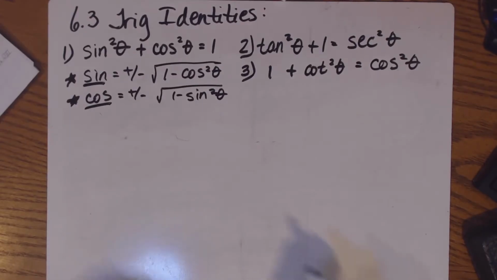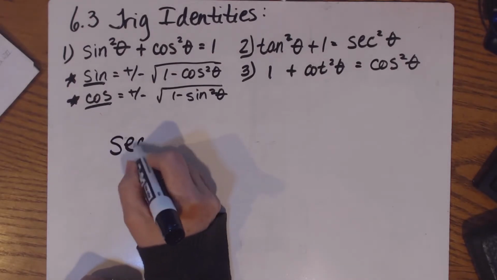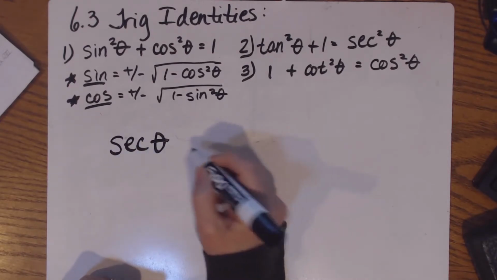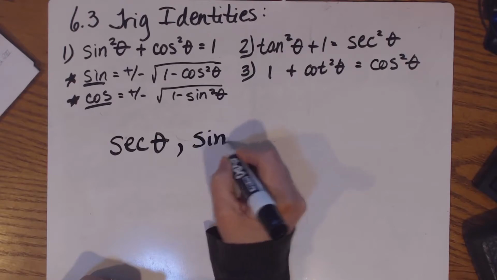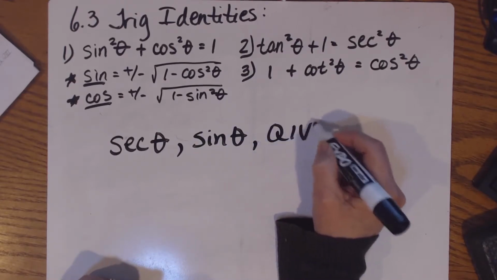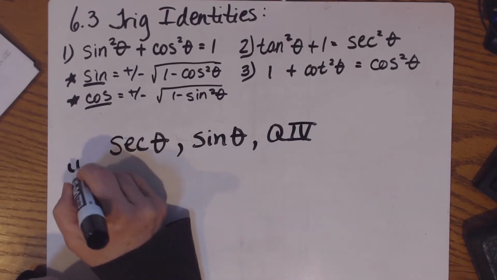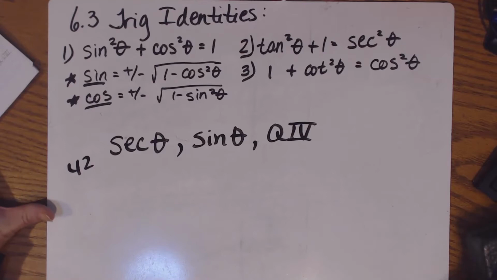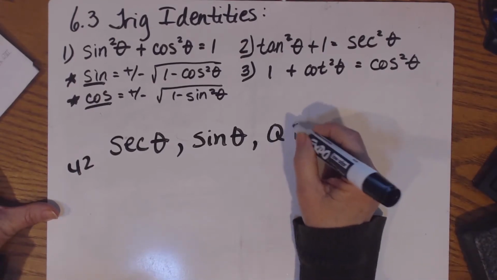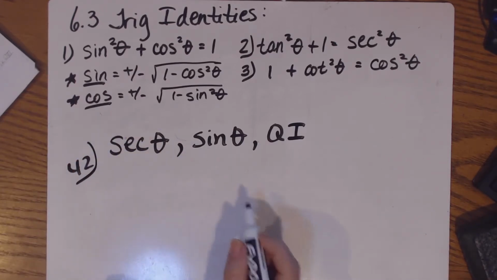Okay, so you might even be asked to express a reciprocal function in terms of another function, right? And so this is problem number 42. If I wrote this correctly, and I didn't, it's going to be in quad 1. And part of me thinks maybe I might redo this one in a different quad, but we'll play this one out.